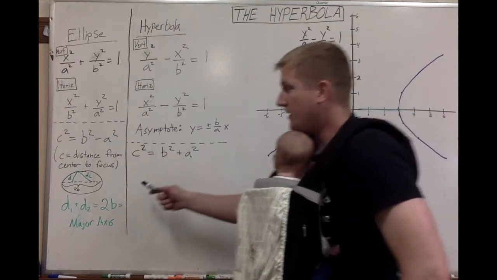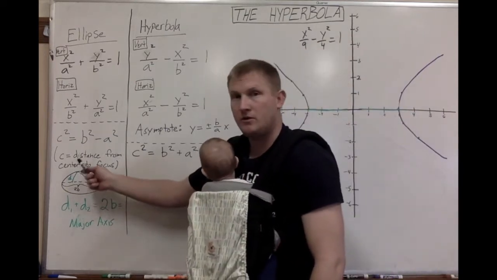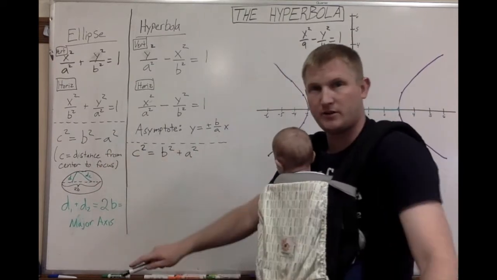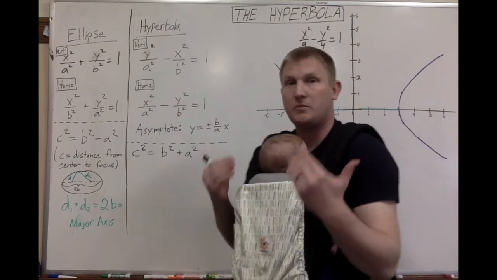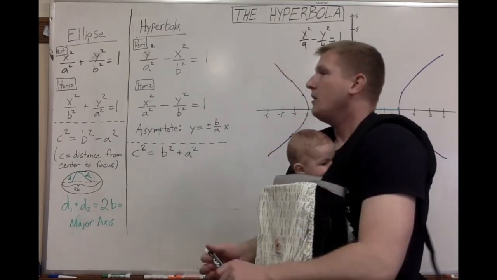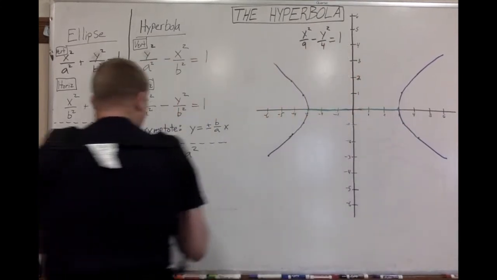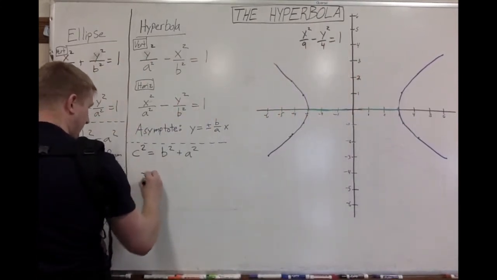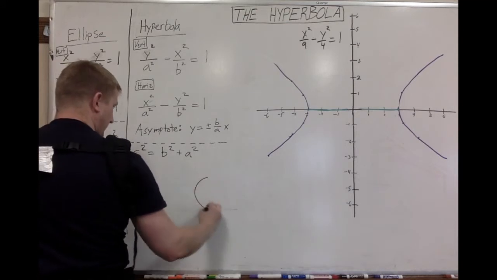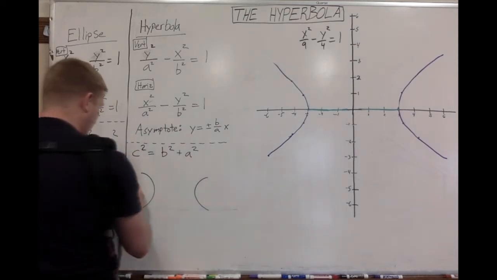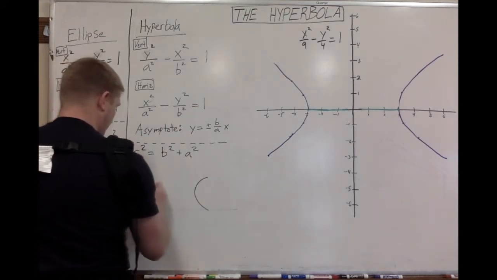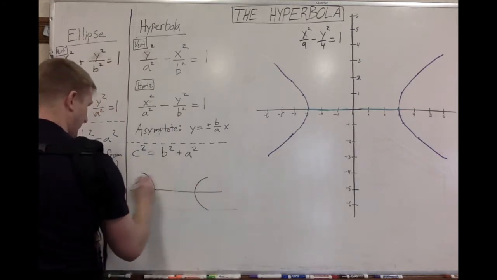So for the ellipse, for any point on the ellipse, draw the two lines to the two focus points, and you get some constant distance. Okay, so perhaps if these focus points exist, we have our hyperbola. Actually, I'm just going to make that straight.